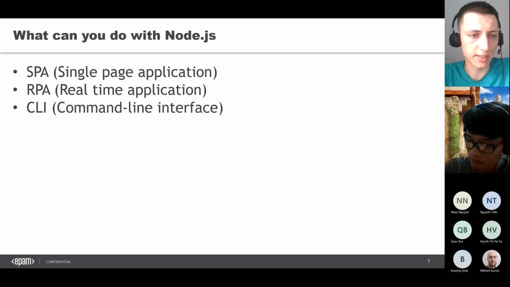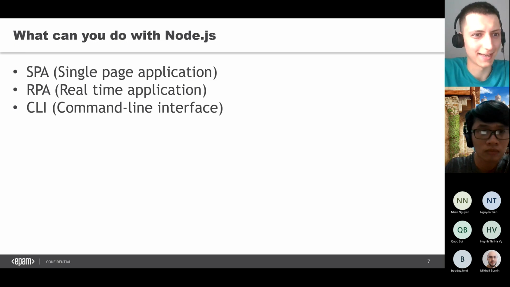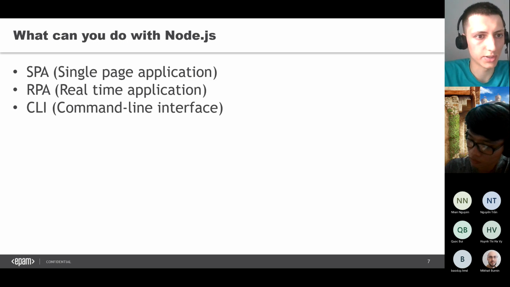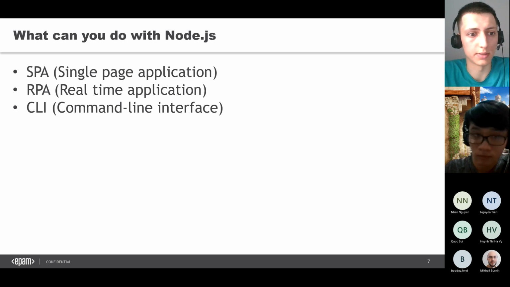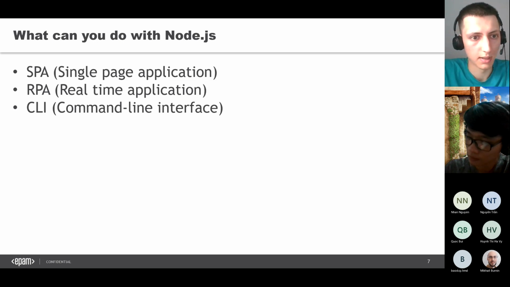By using Node.js, you can create several kinds of applications. Actually, maybe any kind of application you can do with Node.js. Here, just the most common ones are single page applications, real-time applications, and even command line interfaces. All of that you can do with Node.js.